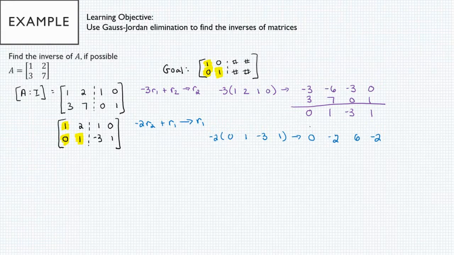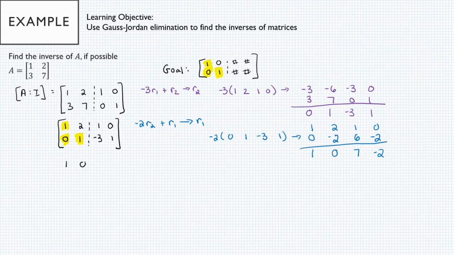And now I'm going to write my first row on top of that and then add them together. So I got 1. The second column cancels. 1 plus 6 is 7. 0 minus 2, that's -2. So now that's going to be my new first row.